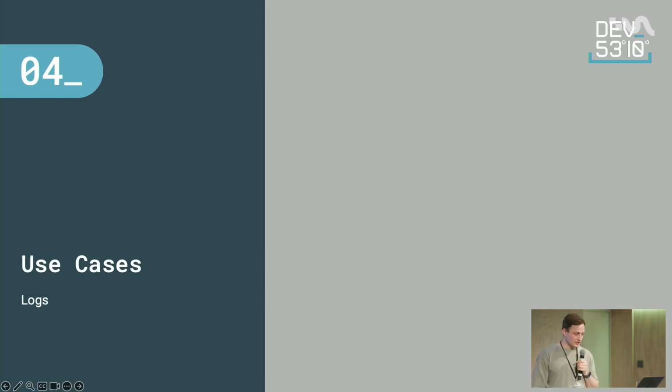Okay, let's move on to logs. Logs have the biggest legacy in telemetry signals because every programming language has built-in logging capabilities or uses logging libraries. For example, Magnolia in its default config uses log4j and Tomcat uses Java util logging.